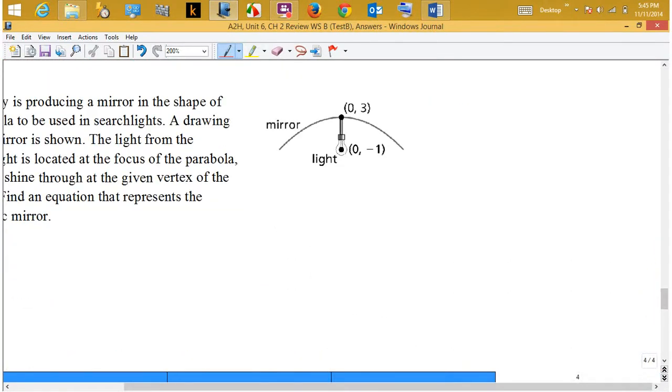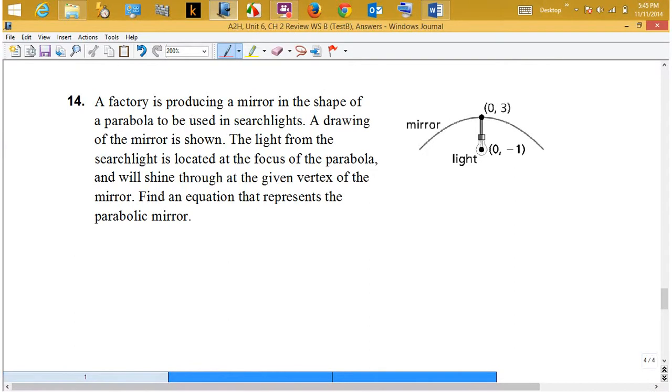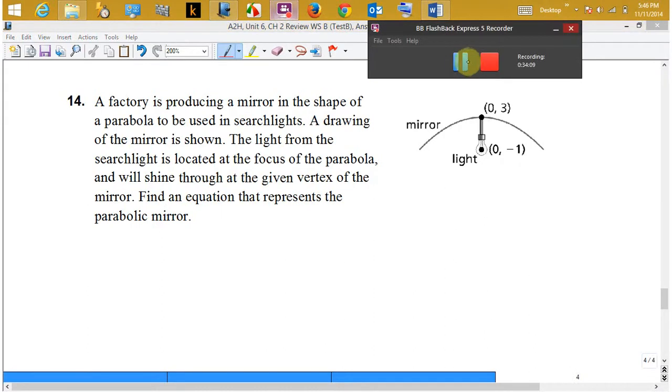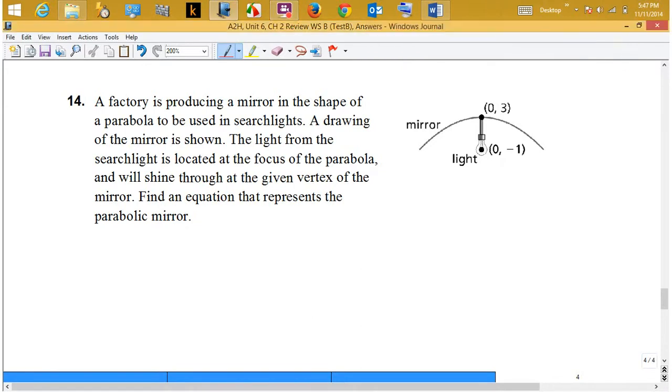Okay, word problem. For this problem, it's finding the equation of a parabola again, and we're given stuff with the focus, so we're going to use the equation for the focus of a parabola.